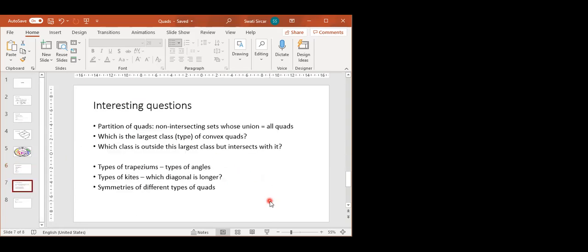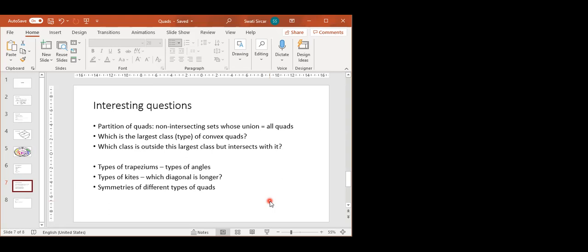Now these are fun questions, fun things to explore. Okay, first is the partition, concave and convex, and of course you need to look at concave through different lenses. One is the essential idea of concavity, that the envelope and the shape are not identical.